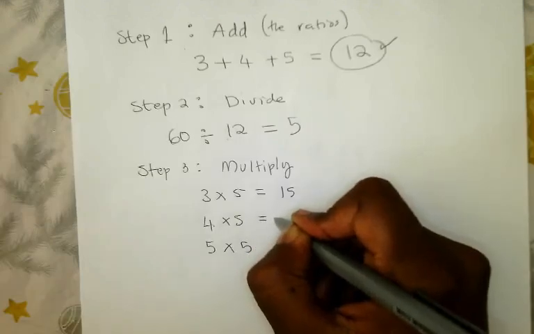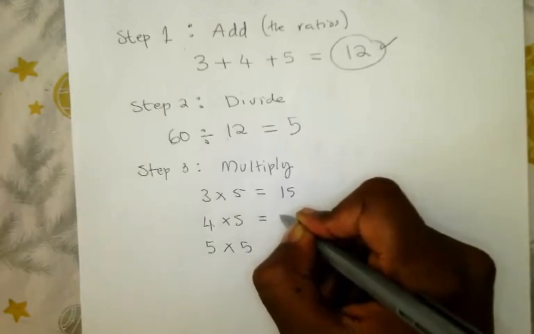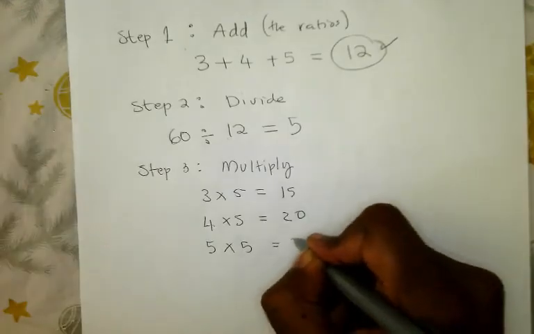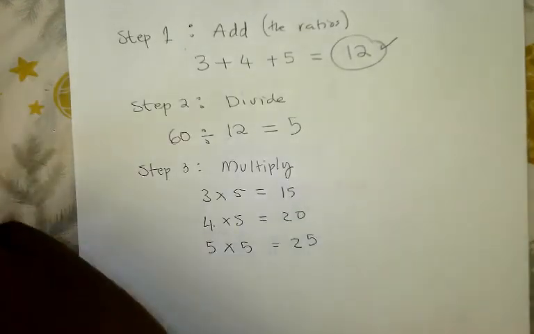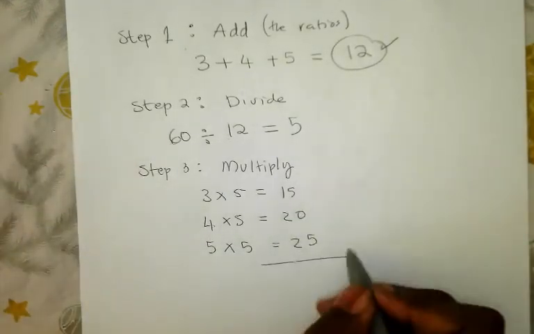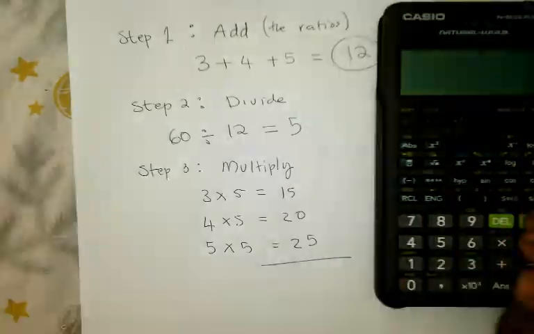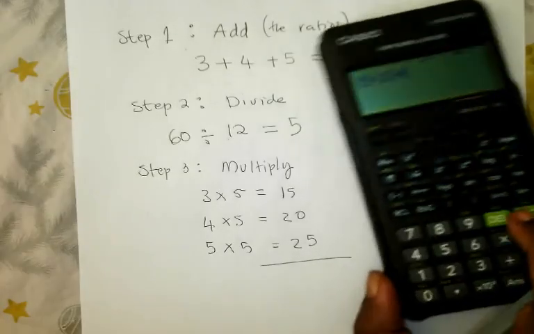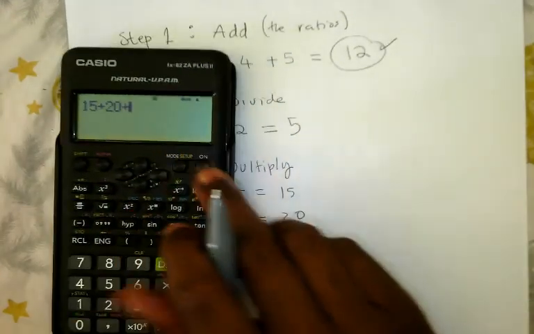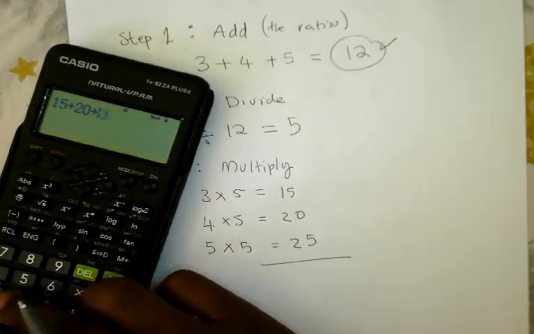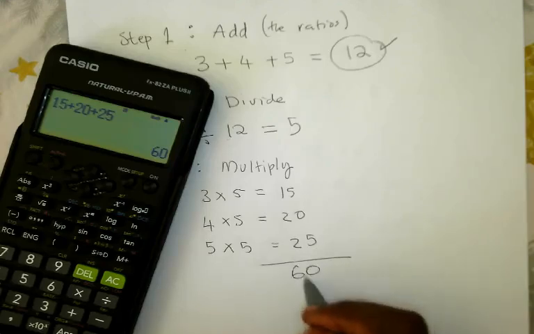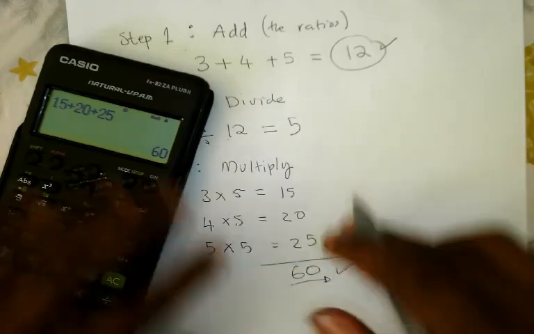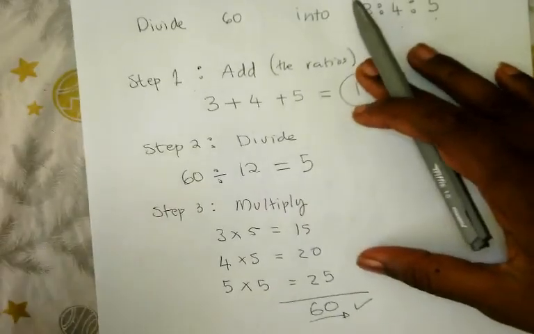This should be 25. So let's add this up together. I always do that. So it gives us 60. Can you see? Just to make sure that you're doing the right thing, whatever you got here should add up to the number that you're given.